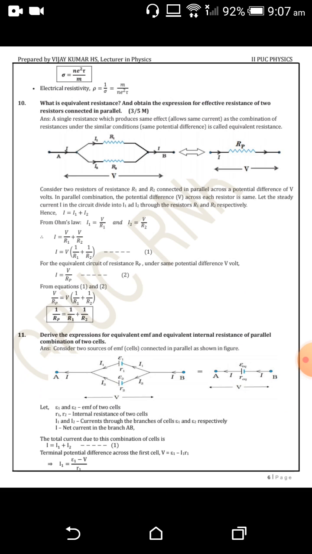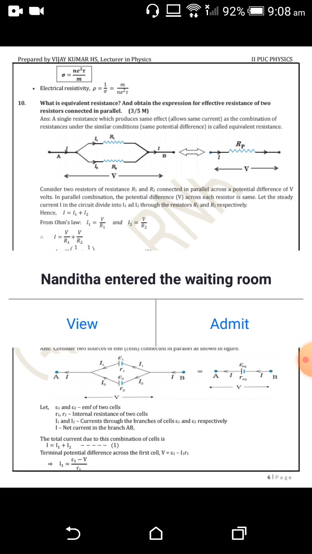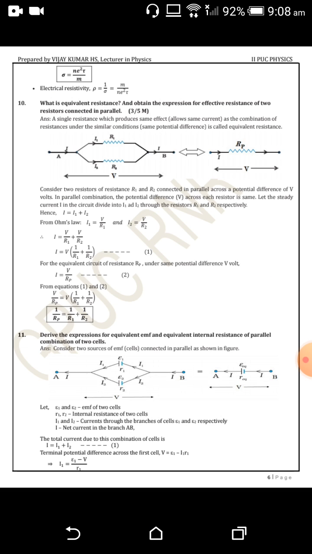For the equivalent circuit of resistance R, you can write the current as I is equal to V by Rp, for an equivalent resistor. Consider that as equation 2. Compare equation 1 and 2. The LHS is the same, so you can write V divided by R subscript P is equal to V into 1 by R1 plus 1 by R2.